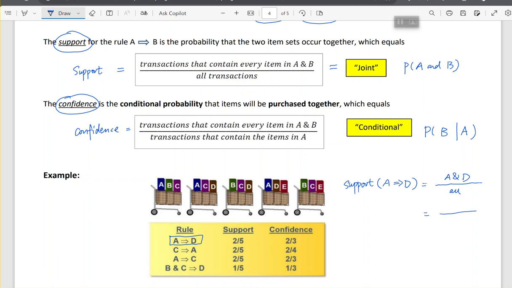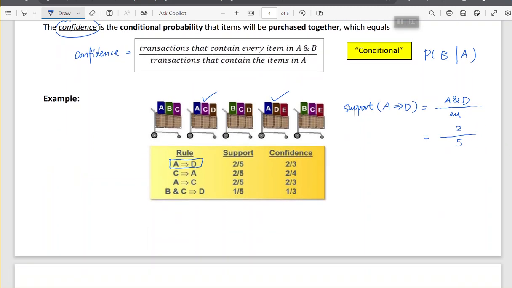So how many transactions do we have totally? 5, right? Okay, then how many transactions contain both A and D? This one, and this one. Right, so is that just 2 out of 5? All right, so this is the support.